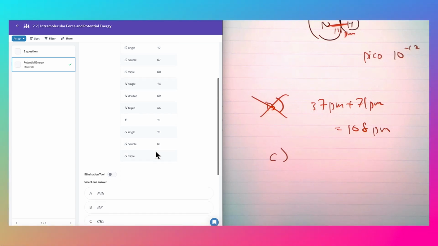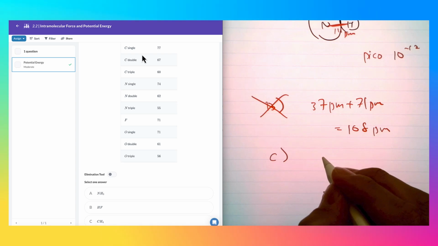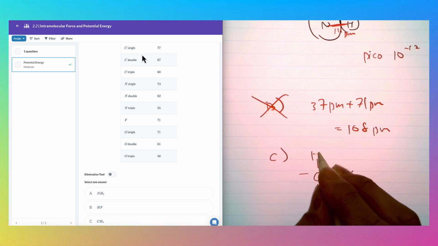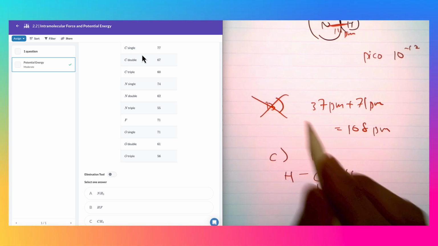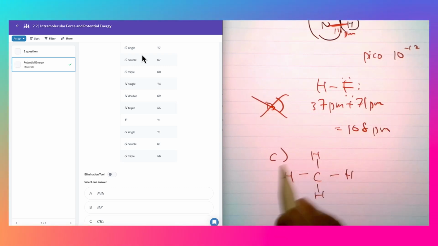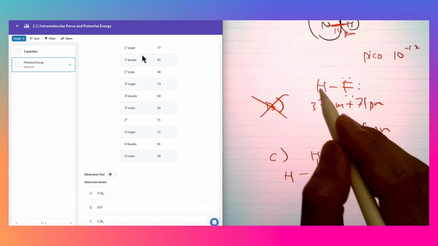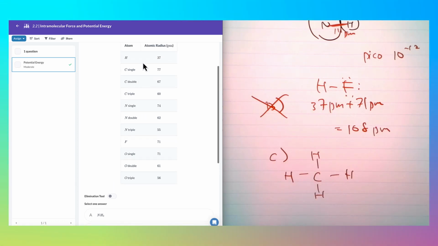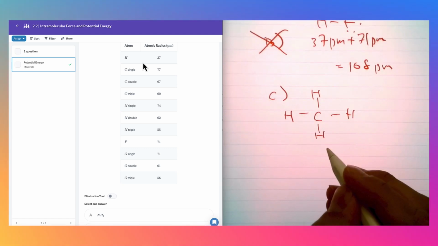So choice C, we have CH4. Carbon has, okay, CH4, by the way, you have all single bond with the carbon. Choice B, in case you did not know how this works, with that structure, is a single bond between hydrogen and fluorine. So for carbon single and hydrogen, you get 37 plus 77.